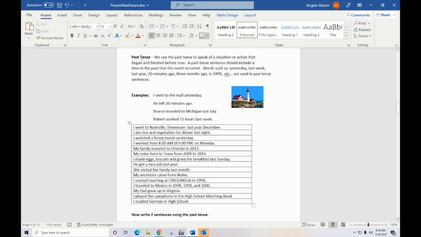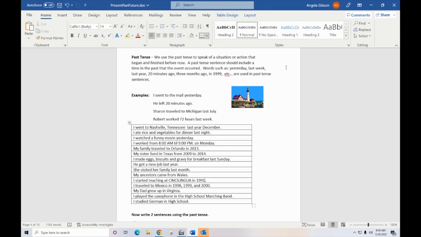We use the past tense to speak of a situation or action that began and finished before now. A past tense sentence should include a time in the past that the event occurred.